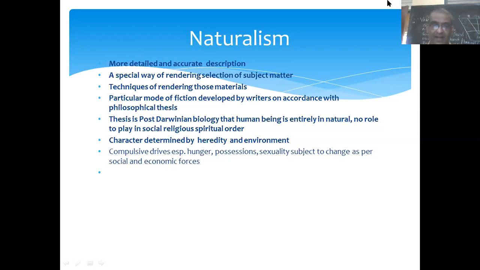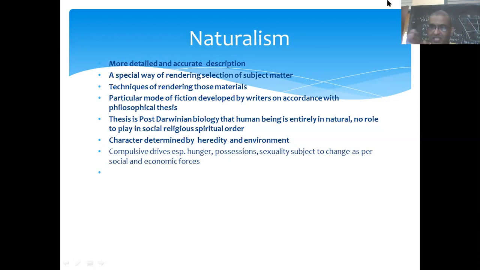In that era, this book revolutionized the entire concept of human evolution, human origin. So it is entirely natural. Human being is entirely in nature.